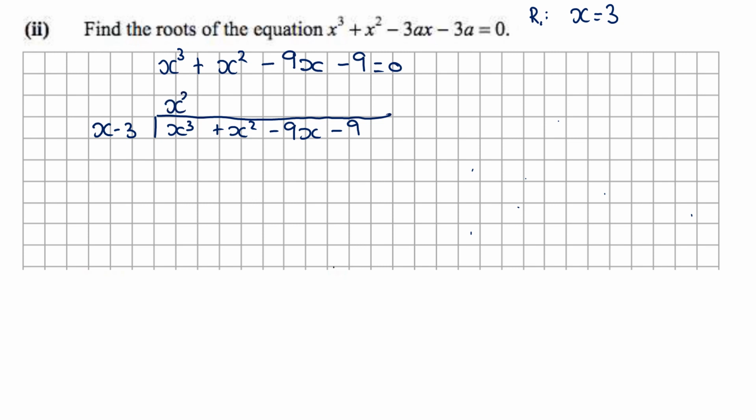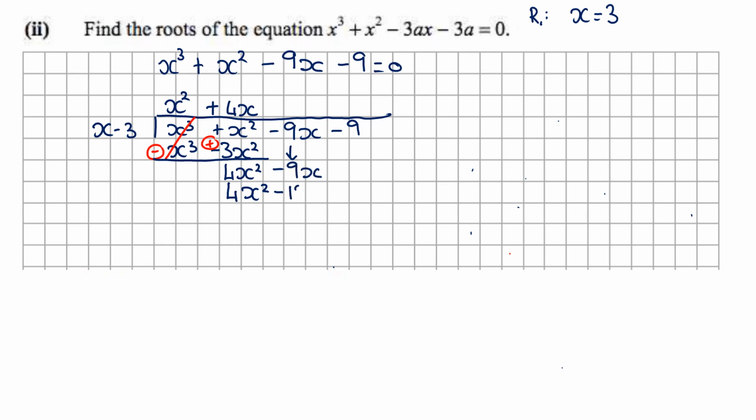So this goes in x squared times. So we get x cubed minus 3x squared. Then we subtract here. This turns to a plus. And we're left with 4x squared. So this goes in 4x times. So we get 4x squared minus 12x. Bring down our minus 9x.